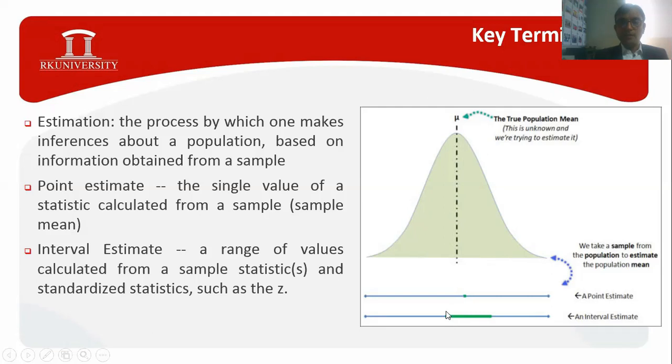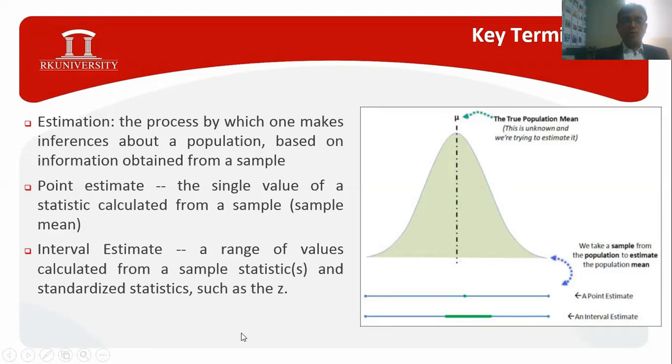We will have some confidence level that the population parameter we are trying to estimate may fall within this range. The true population mean is unknown, so we take a sample from the population to estimate it. This is a point estimate, and these two points, a range of values, constitute the interval estimate.